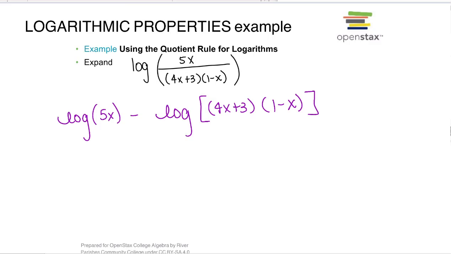But we can do this first one. This is a product of 5 times x. So this would be log base 10 of 5 plus log base 10 of x.